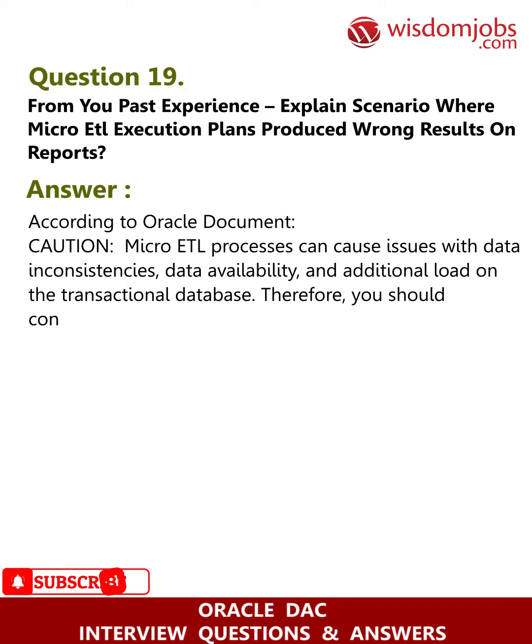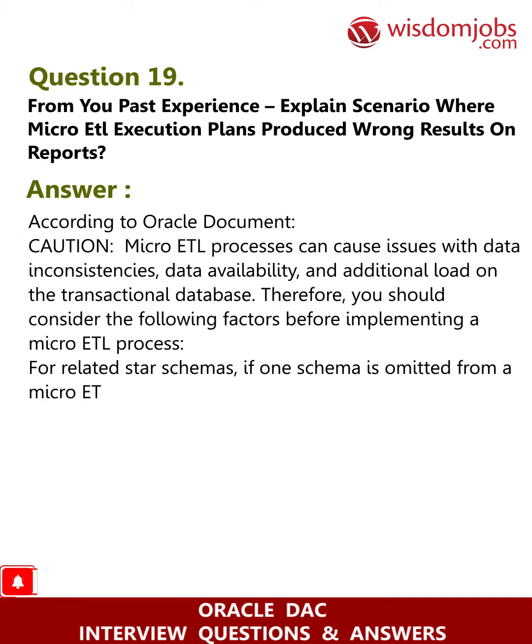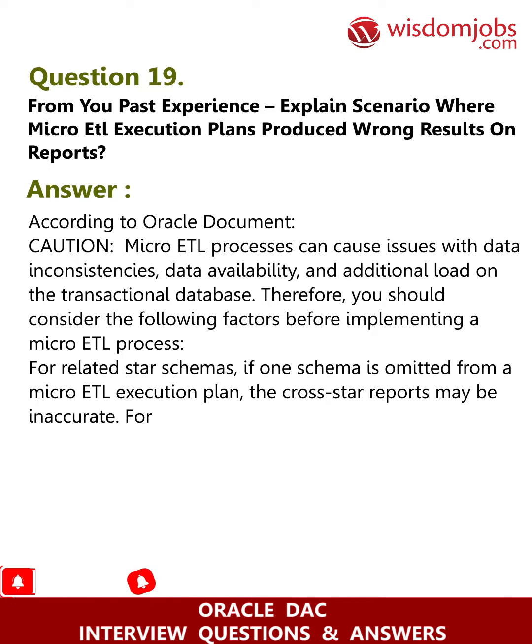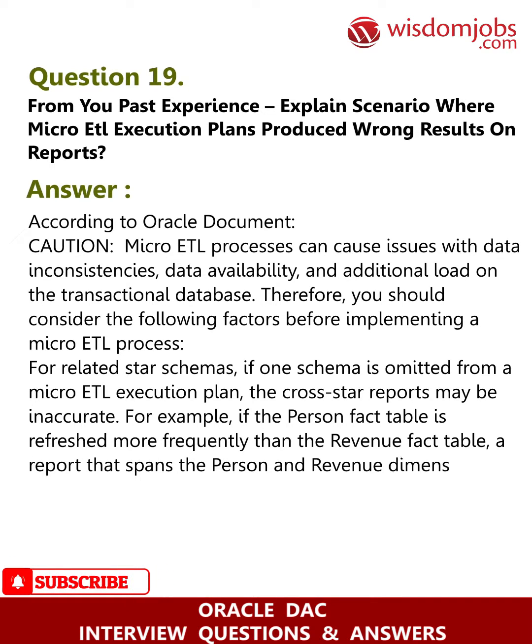Therefore, you should consider the following factors before implementing a micro-ETL process. For related star schemas, if one schema is omitted from a micro-ETL execution plan, the cross-star reports may be inaccurate. For example, if the person fact table is refreshed more frequently than the revenue fact table, a report that spans the person and revenue dimensional schemas may produce inconsistent results.